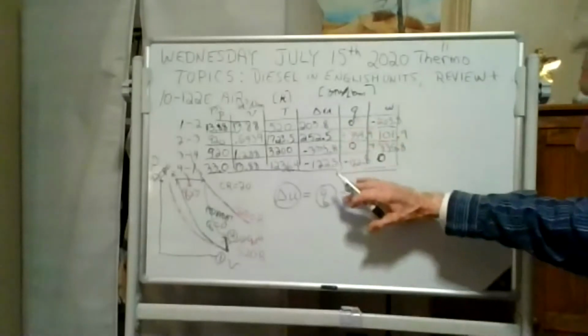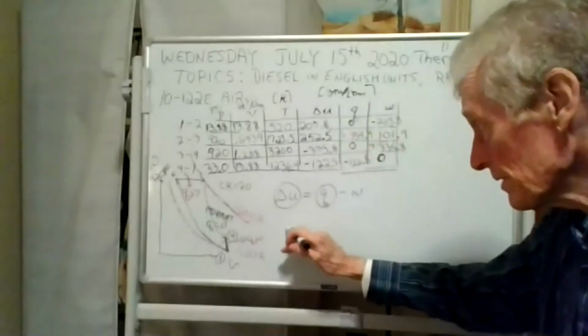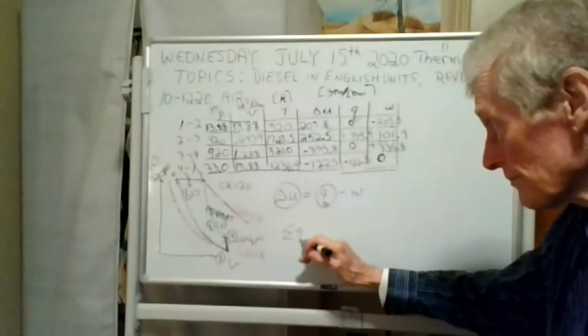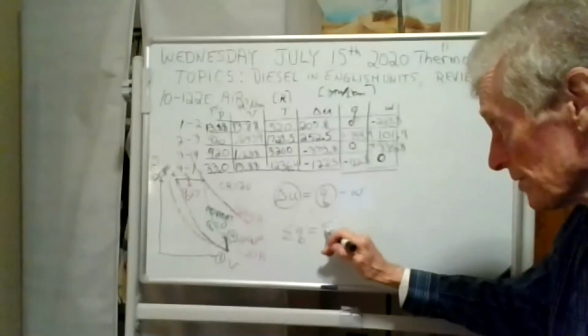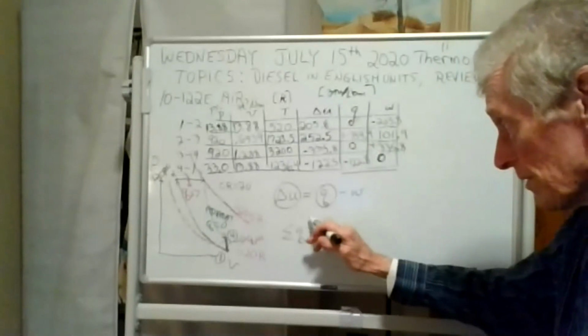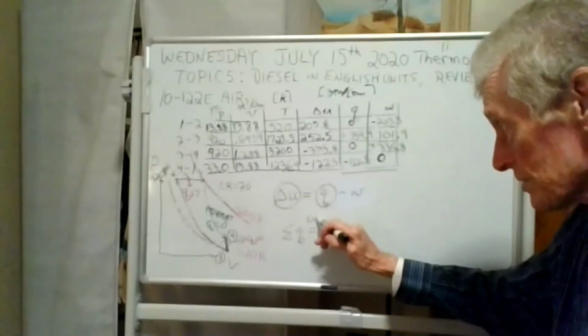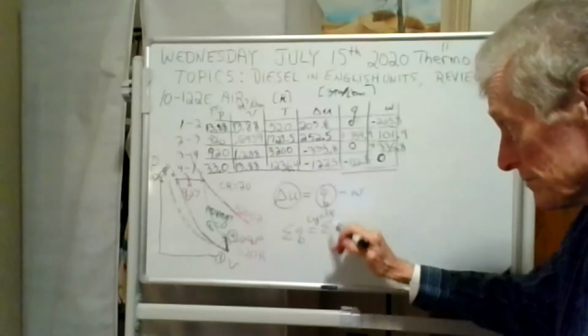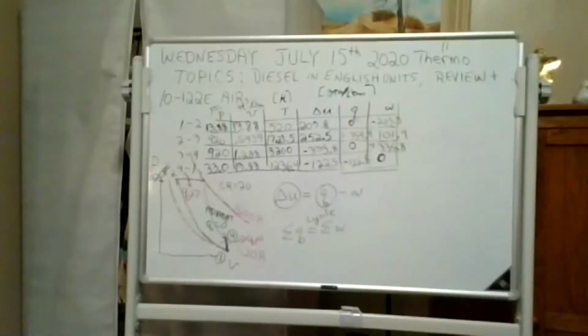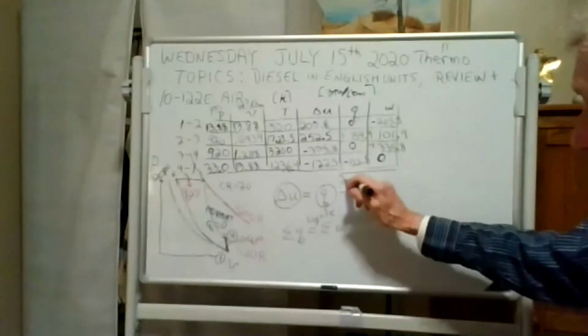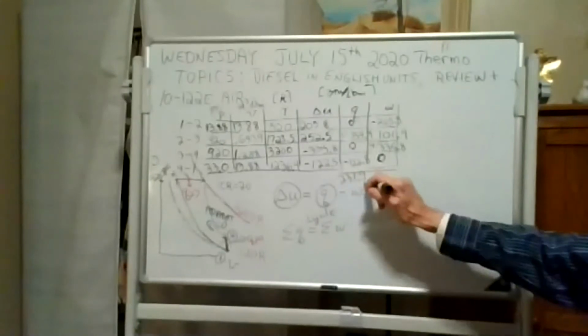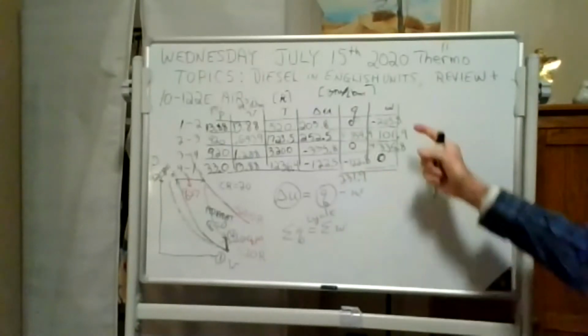Okay, now we're going to add these up because, see, in a cycle, the sum of the Q's should equal the sum of the W's in a cycle. All right, well, I'm going to add those up and see what I get. Here goes. I'm getting 231.9. Now I'm going to add these up.